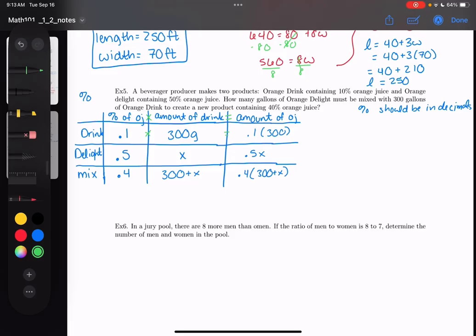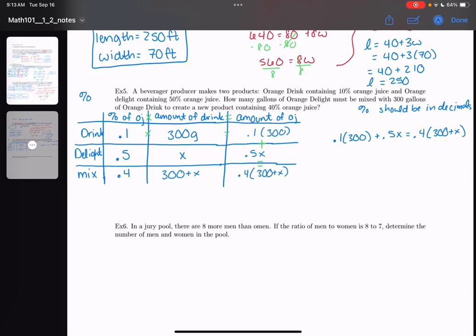Now, much like with the distance problems, I can add these two together to equal the third row. If I add together how much OJ is in the drink and the delight, I get how much is in the mix. So I get 0.1 times 300 plus 0.5x is equal to 0.4 times 300 plus x.